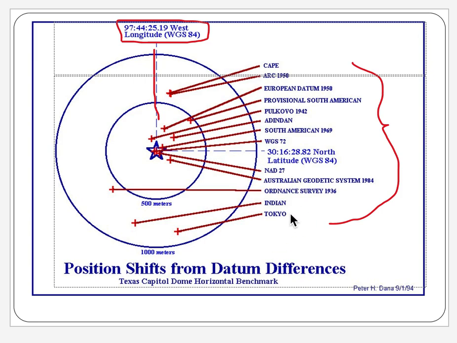But if you were to use, for example, a Tokyo datum and its referenced ellipsoid, you could see that your location of the Texas Capitol Dome is close to 1,000 meters off.